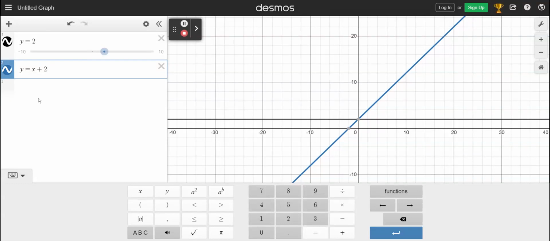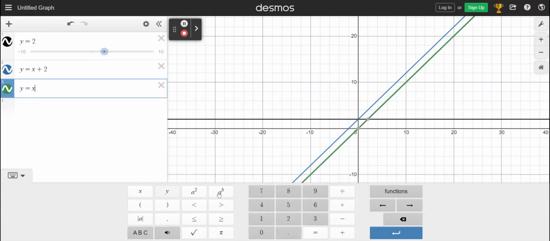Now let's get this blue return line. We'll get another one. For our second binomial, let's say that it's y is equal to x minus, in this case, x minus 3.